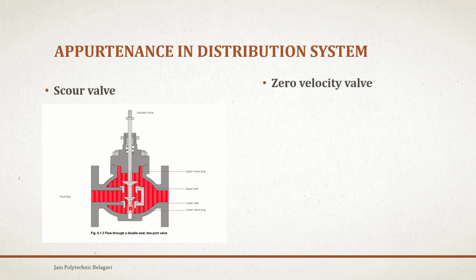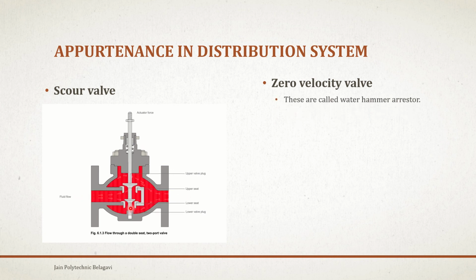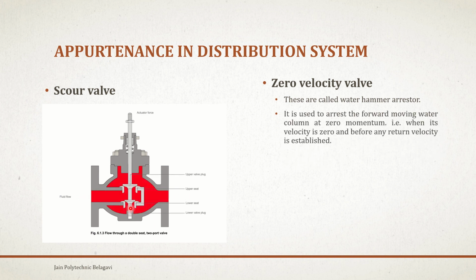Next, the zero velocity valve. Zero velocity valves are what we know as water hammer arrestors. They are used to arrest the forward moving water column at zero momentum, that is when its velocity is zero and before any return velocity is established. We use this valve to control the reverse or return velocity of the water.